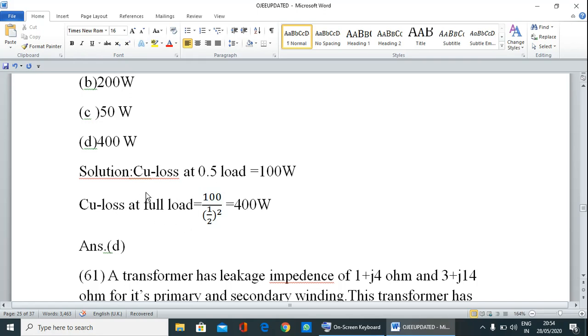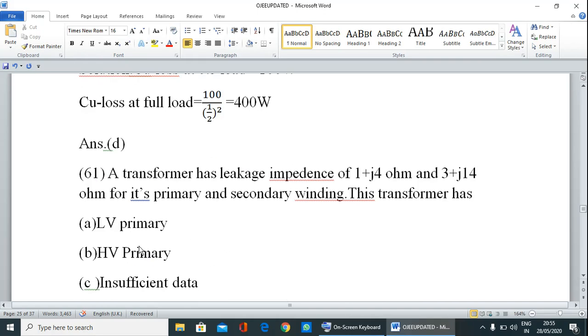Therefore, at 0.5 load it is 100 watt, then copper loss at full load is 100 by (1 by 2) square, that is 400 watt. So correct answer is 400 watt. Answer D is the correct answer.